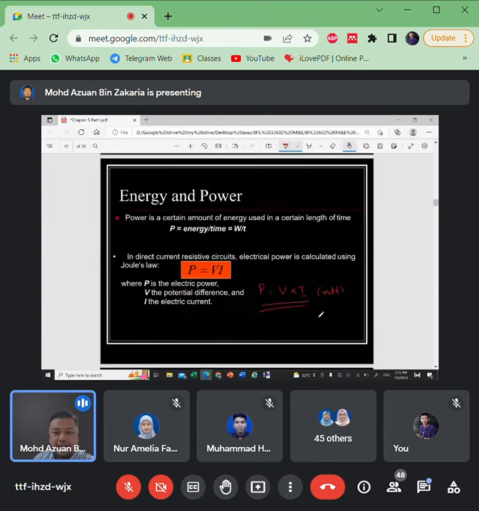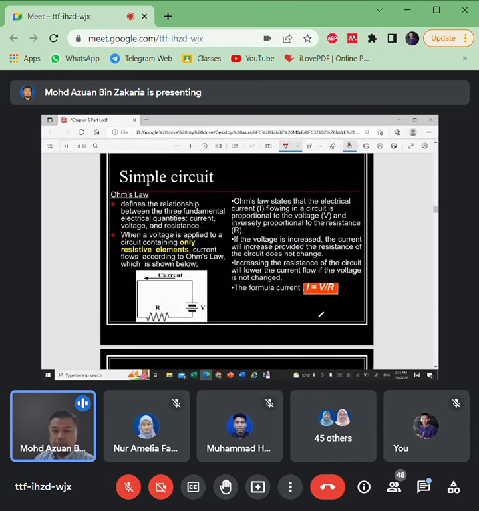Alright, next we go to the simple circuit that we will learn today. So the name is Ohm's law. We can use this principle of Ohm's law when the circuit contains only resistive elements. Okay, so no other elements except resistive only.